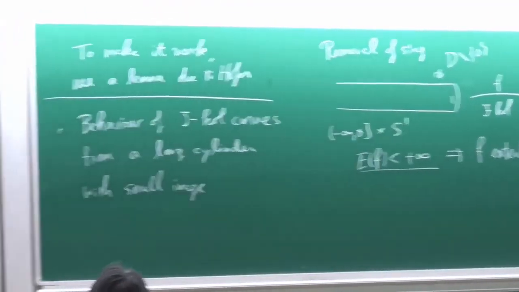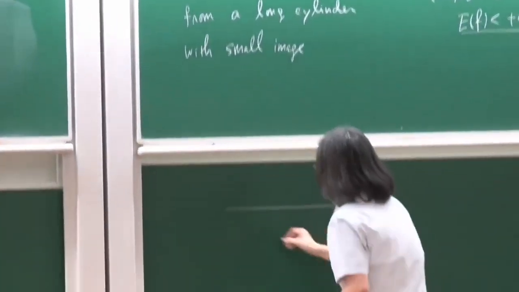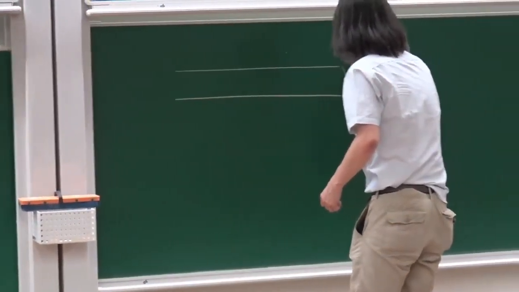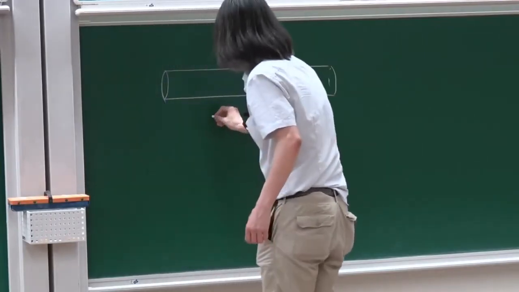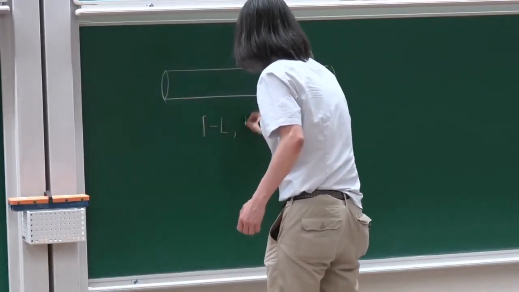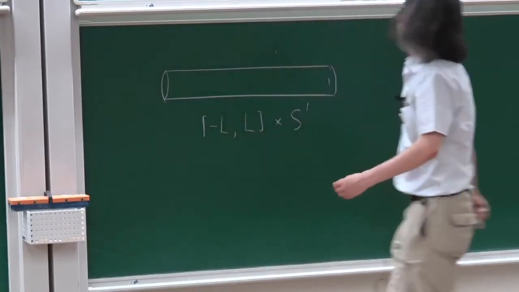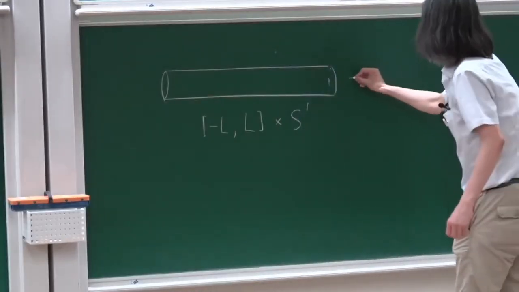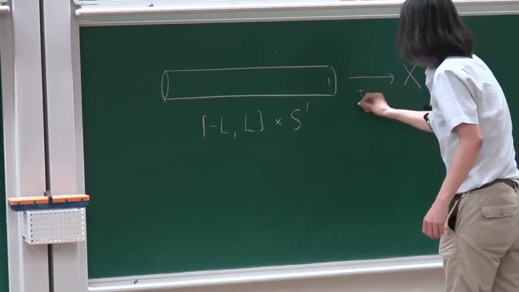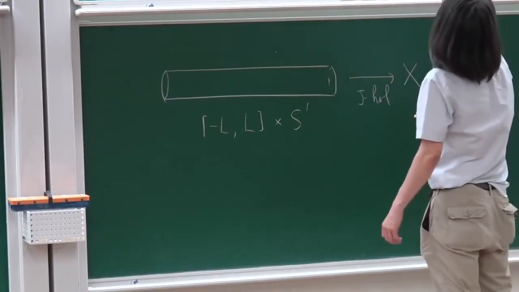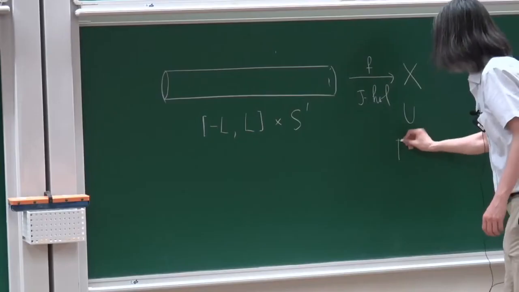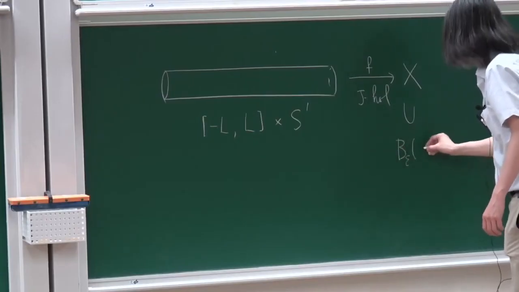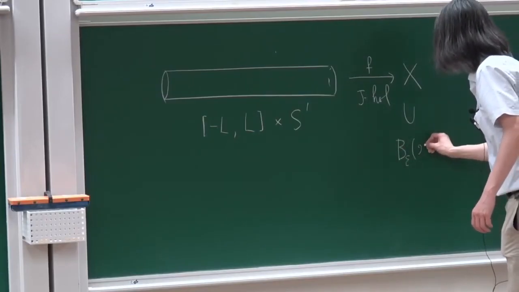So now today, what I'm talking about here is the following. Now I have a cylinder like this, like [-L, L] times S^1, and then map to X a J-holomorphic map. Here I just write it F. And so the image is contained in a tiny neighborhood, a B of epsilon of some point, maybe x naught.